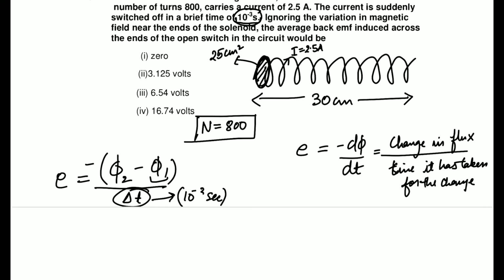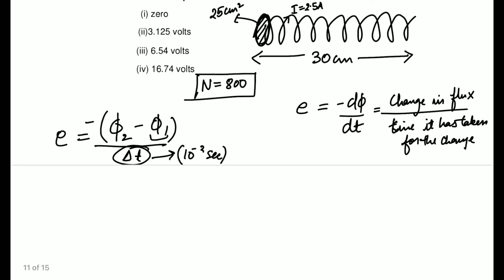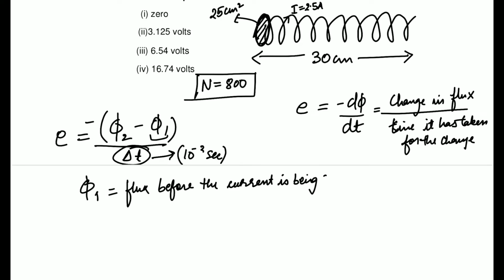Now let's talk about phi 1 first. So phi 1 is the flux before the current is being switched off. And what is your phi 2?